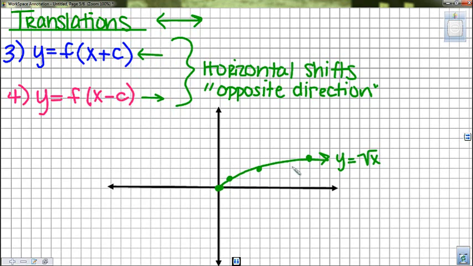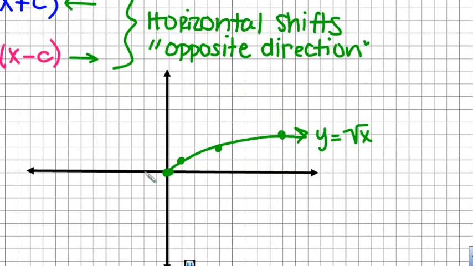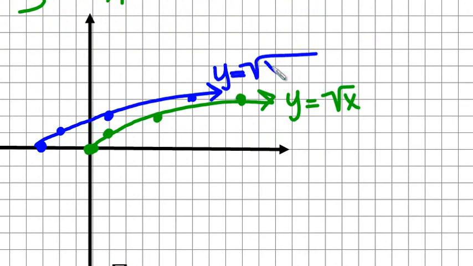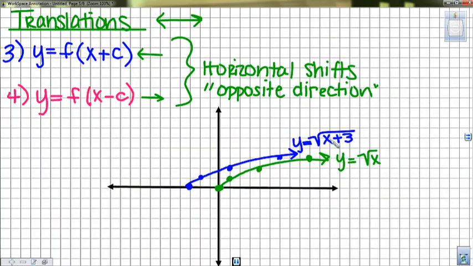So the plus 3, okay, that I have in blue, we're going to use 3 again, goes to the left 3, each value. So here would be your graph of y equals the square root of x plus 3. And the plus 3 is in the function. It's under that square root.